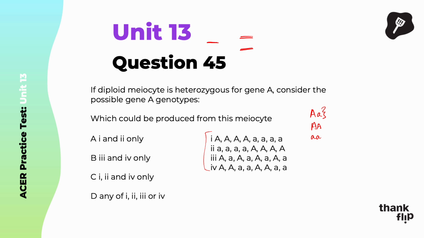Your original chromosome would have A and A, so this is your chromosome here. And then after your chromatid formation, you get capital A, lowercase a. Then you get your first division here, so you get your capital A, lowercase a. Then you get your second division.